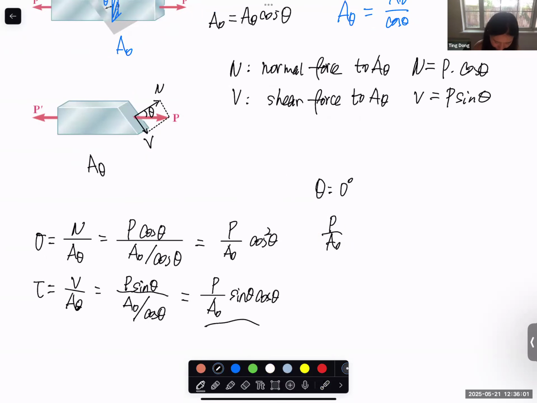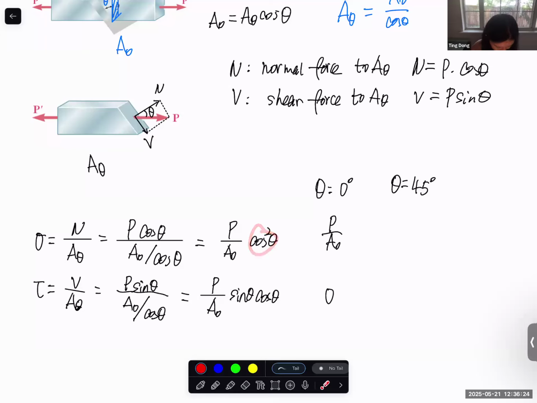And for the shear stress, use the second equation: sine theta equals 0. So the shear stress on the cross section should be 0, which makes sense because when you only have tensile force applied, there should be no shear stress on that cross section. Let's now rotate to theta equal to 45 degrees.